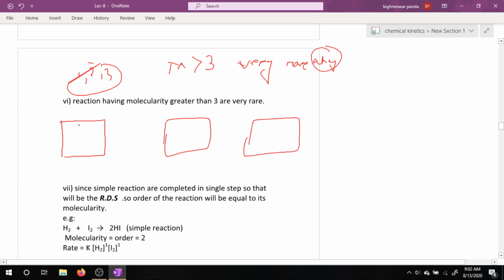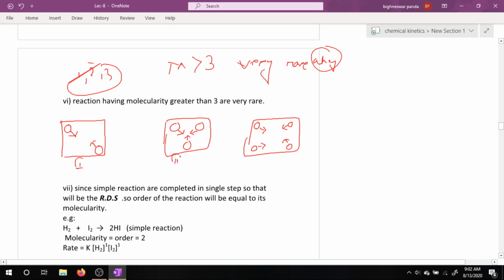Here two molecules are present. Here three molecules are present. Here four molecules are present.